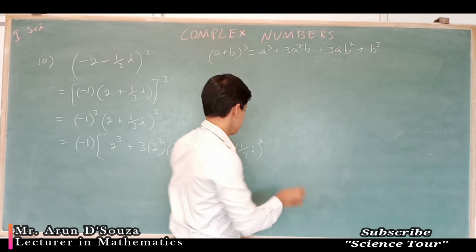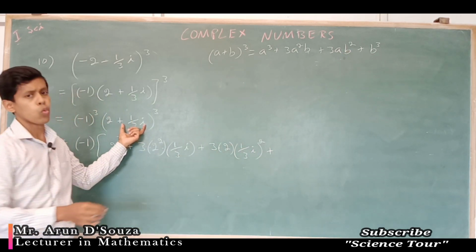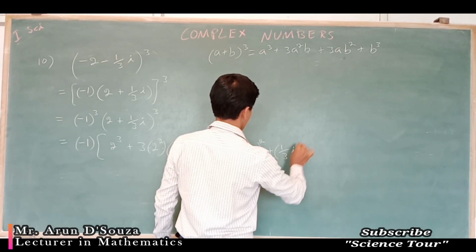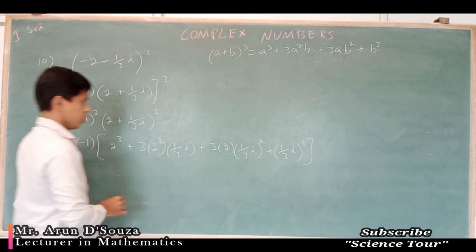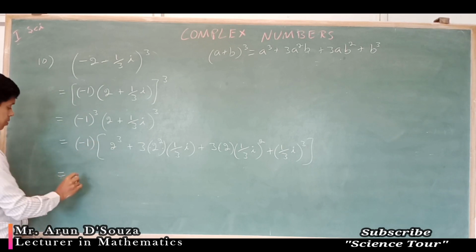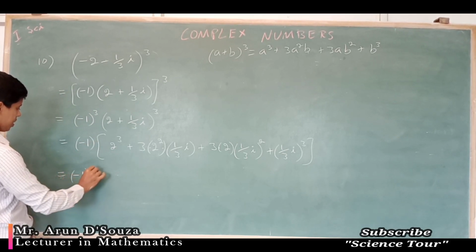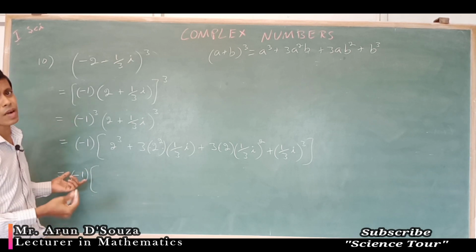Next b cube. B cube means 1 by 3i whole cube. Well, use the brackets properly. So this is minus. If a is minus 1 then write minus 1 itself, or just minus is enough.